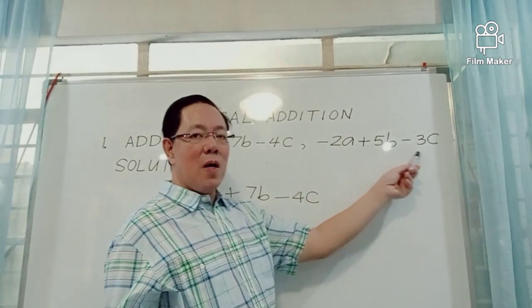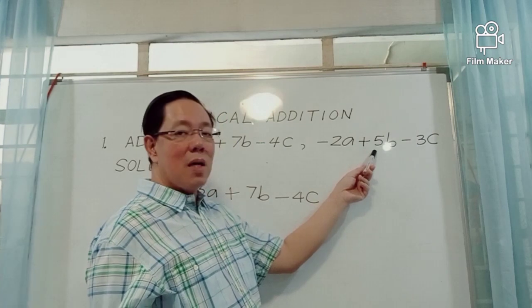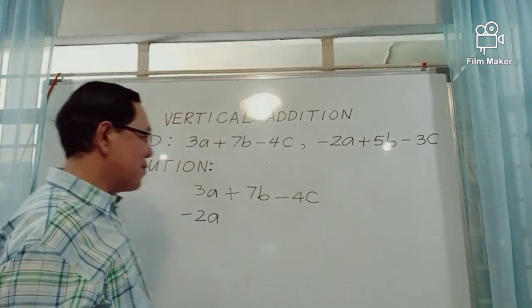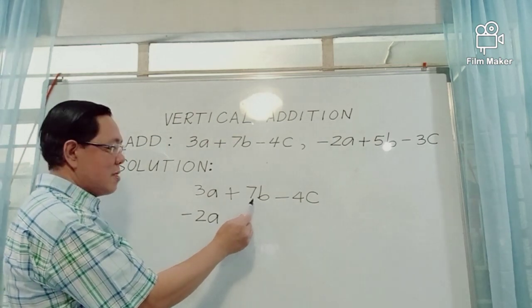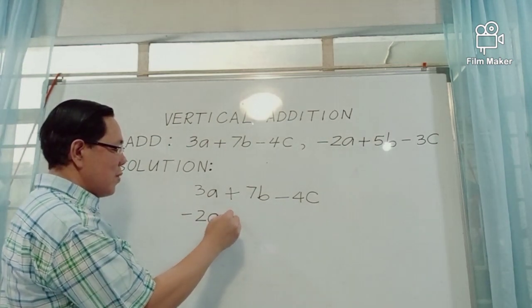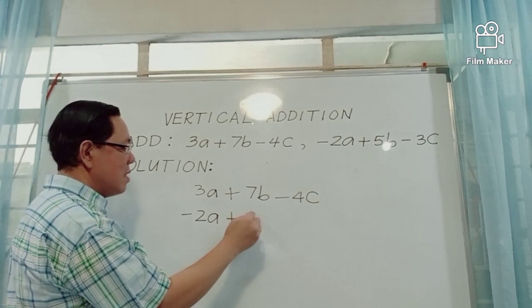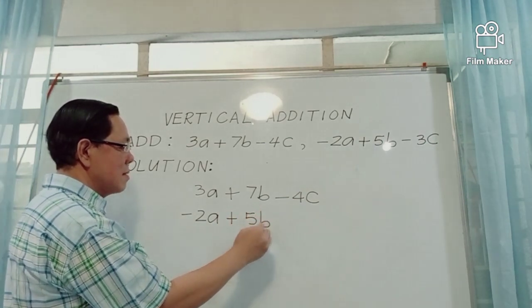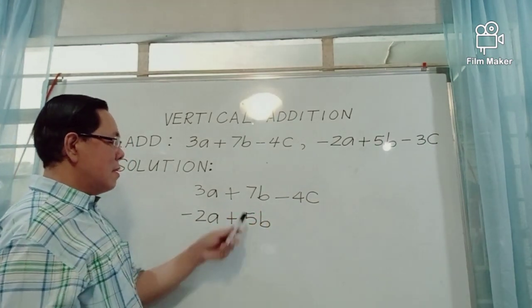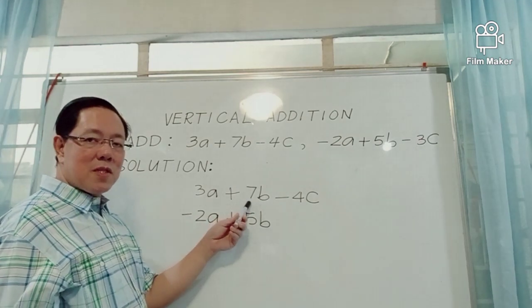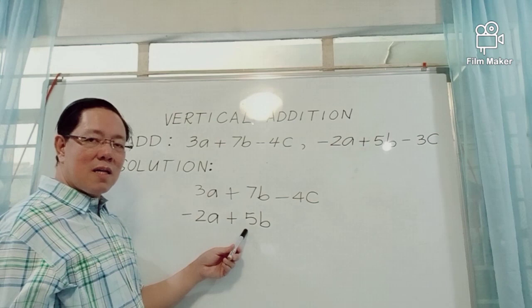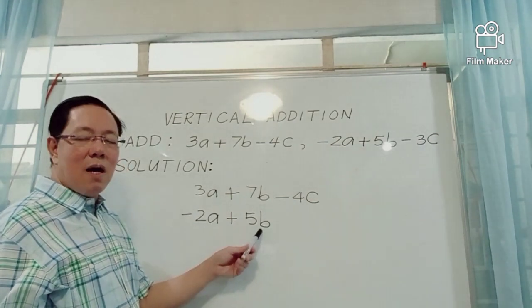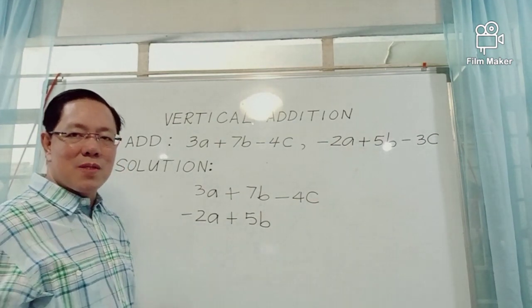The second term of the second trinomial, 5b, we write under 7b. We write plus 5b. This second term of the first trinomial, 7b, and the second term of the second trinomial, 5b, are known as like terms.